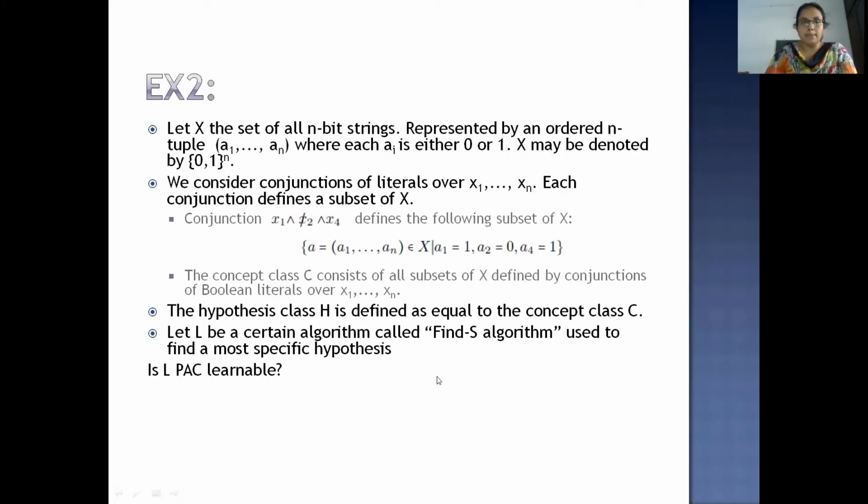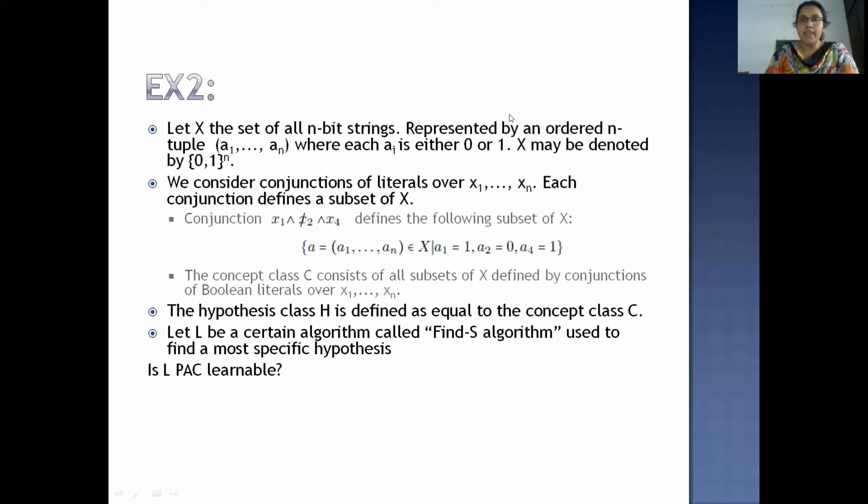Okay. Now second example എന്ന് പറയുന്നത് ശ്രദ്ധിച്ച് കേൾക്കണം. Let X be the set of all n bit strings. Okay, n bit ഉള്ള എല്ലാ സ്ട്രിങ്സും ആണ്. And ഈ ഓരോ individual elements are all binary. So n binary literals ഉള്ള എല്ലാ സെറ്റുകളുമാണ് ഈ X-ന്റെ അകത്തുള്ള ഇൻപുട്ട് എന്ന് പറയുന്നത്.